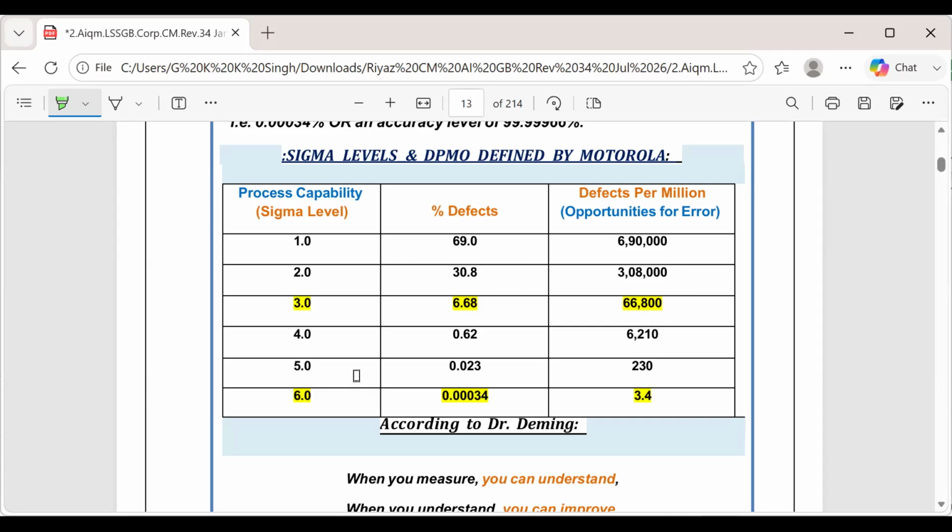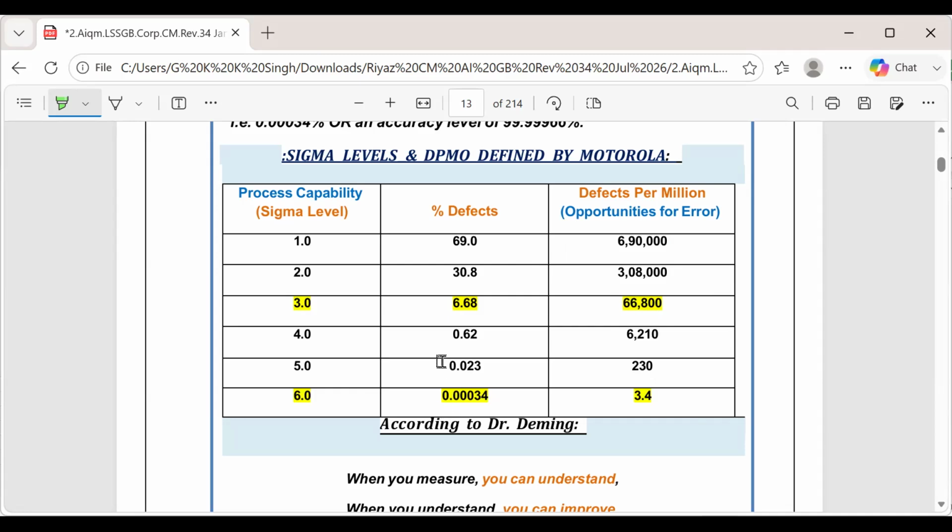Say, if you look at an organization like Amazon, or DHL, they may be handling maybe 1 million packages in a month. So 3 sigma is 66,800 defects, which is very high, and it is likely to affect a large number of customers.